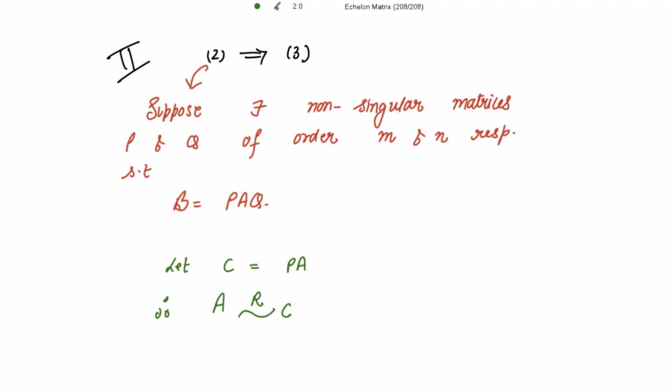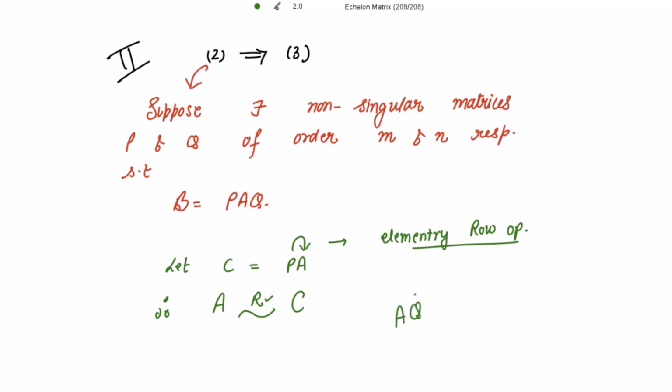Please remember, pre-multiplication by an elementary matrix corresponds to the elementary row operations. That is, I have written that C is obtained from A by applying the row operations, because this corresponds to the pre-multiplication of an elementary matrix, right?